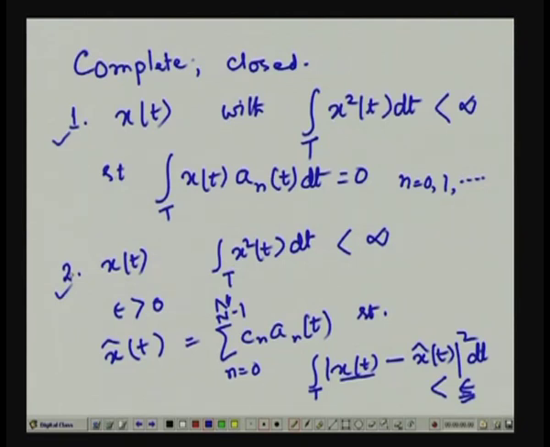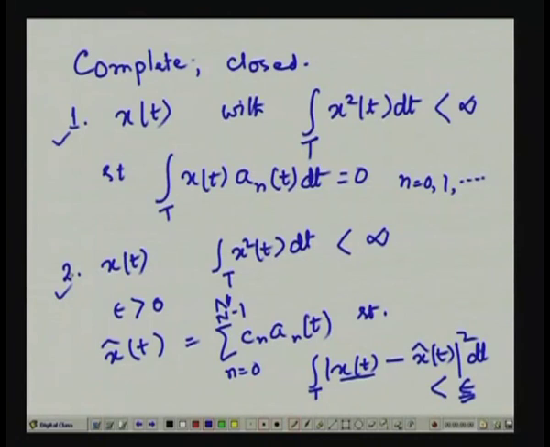So, this says that when we have a complete orthogonal function set, this expansion enables representation of x(t) by a finite set of coefficients, where the finite set of coefficients are c_0, c_1, like this up to c_(N minus 1).